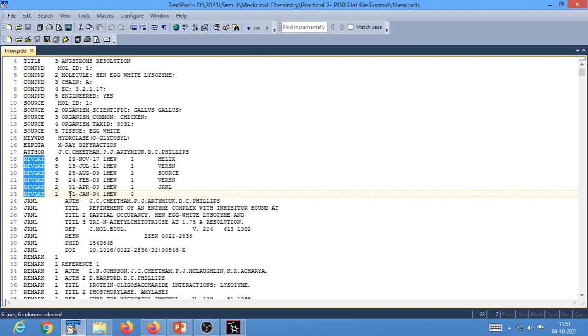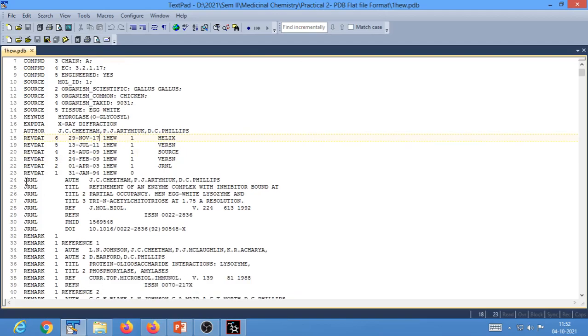The very first time it was deposited on 31st January 94, then it was revised on 1st April 2003, then on 24th February 2009, and the latest revision was in 2017 on 29th of November. And what portion of this PDB file was revised is shown over here.